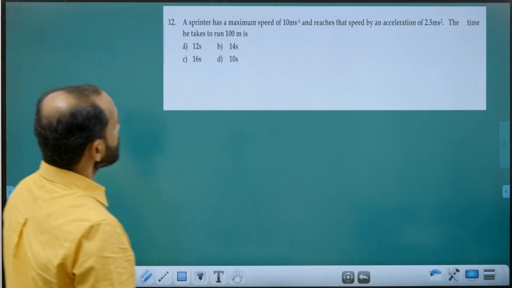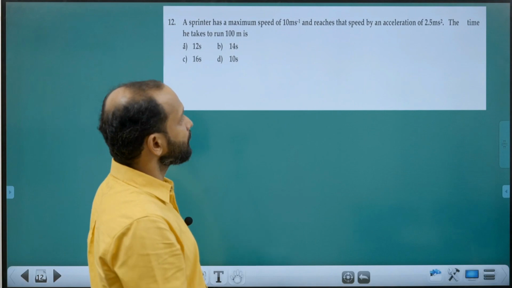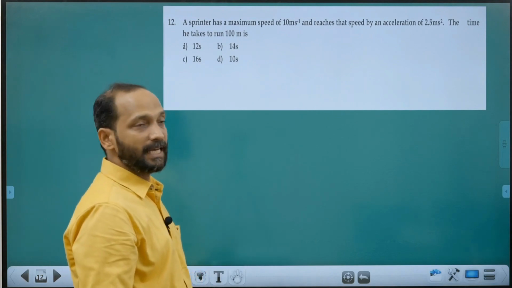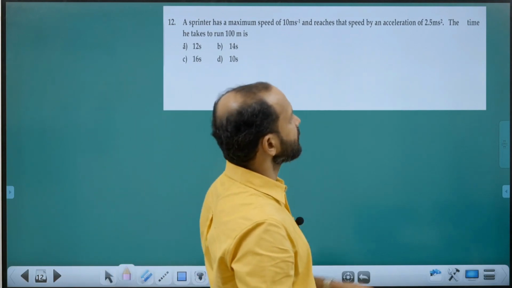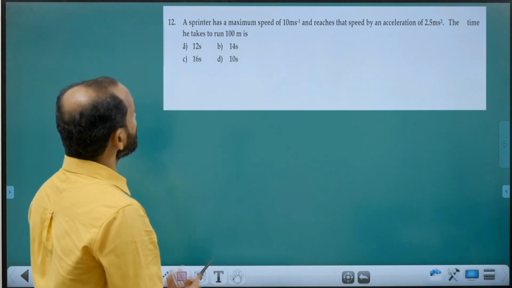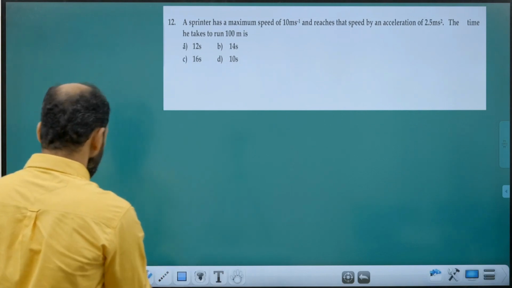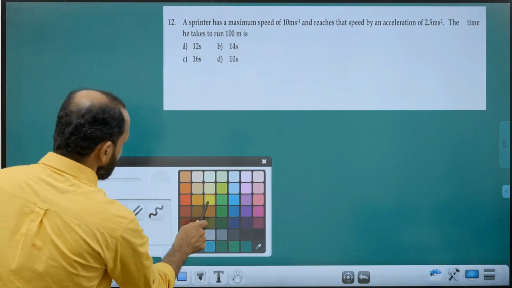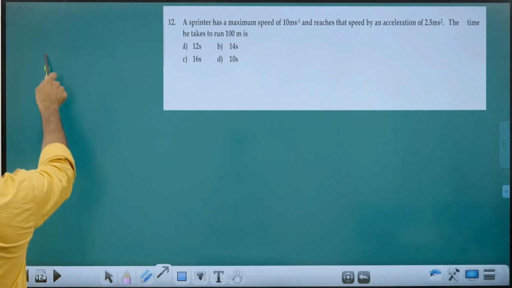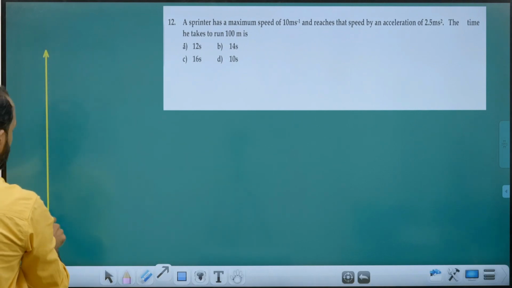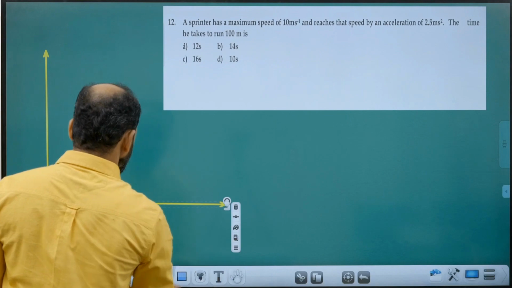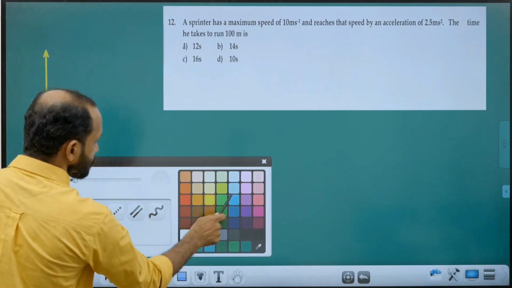Next one. A sprinter has a maximum speed of 10 meters per second and reaches that speed with an acceleration of 2.5 meters per second squared. The time he takes to run 100 meters is a very important question. Let us go for the graph, the velocity-time graph. How does the graph look?